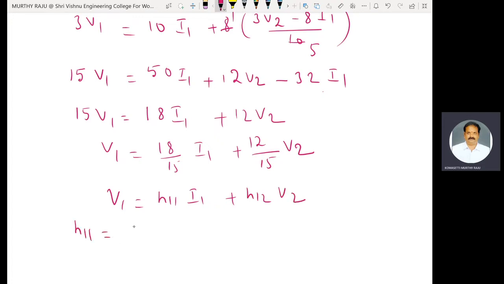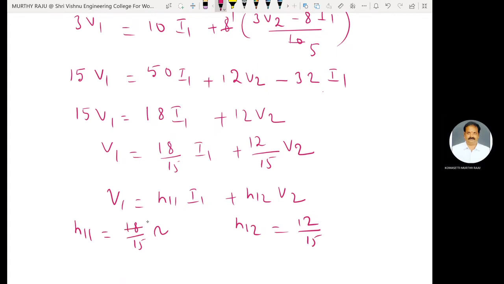Therefore, H11 is equal to 18 by 15 ohms, and H12 is equal to 12 by 15, which is 4 by 5. It is the reverse voltage gain, so H12 has no units.